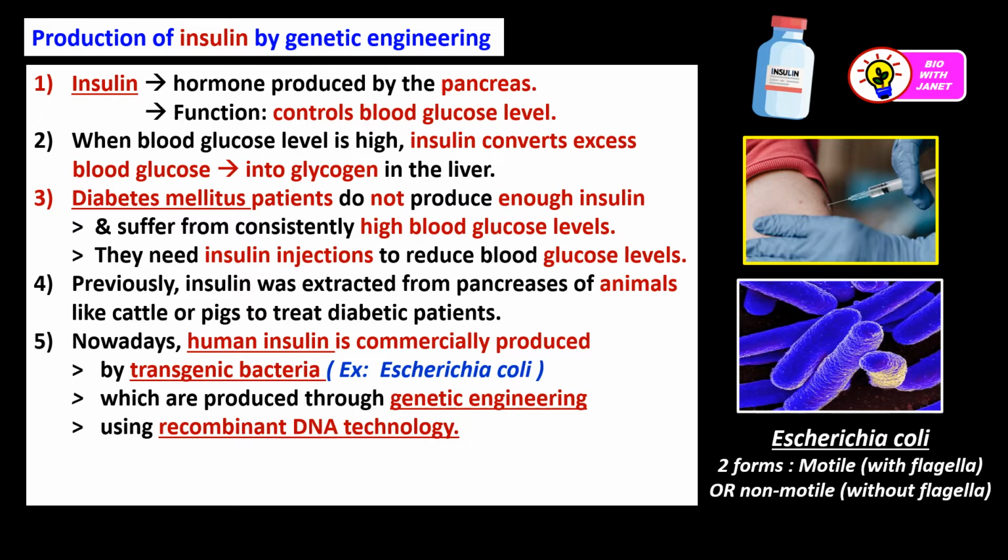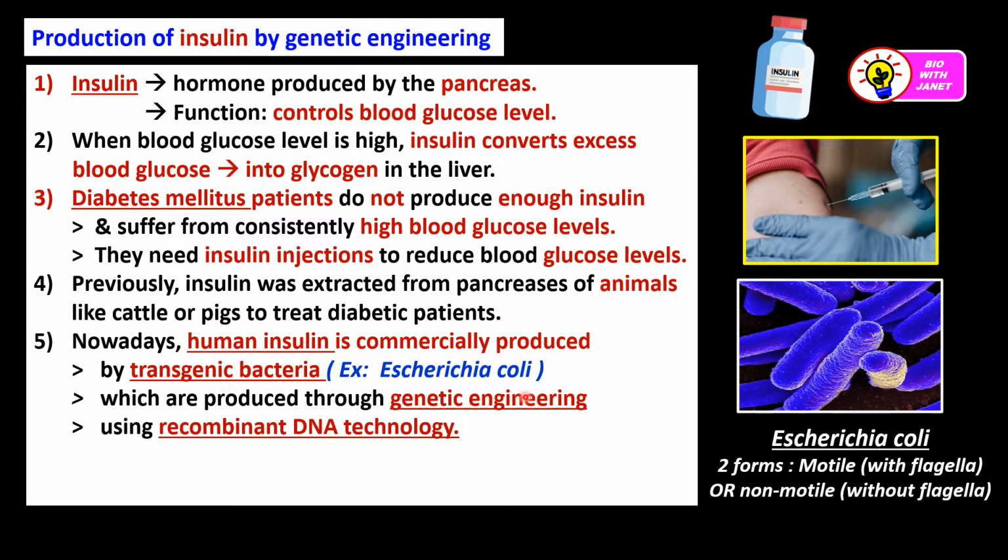Now, this transgenic bacteria is produced through genetic engineering using recombinant DNA technology. So these bacteria are special bacteria that are not the normal type because they have received a human insulin gene that is transferred into their cells. And this will enable them to produce the human insulin, although they are bacteria.